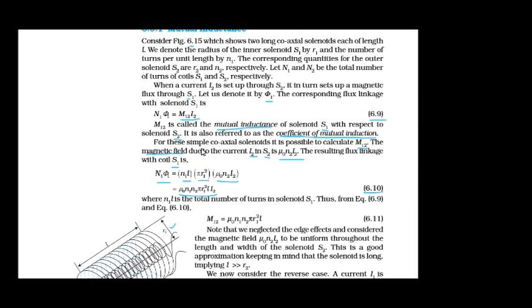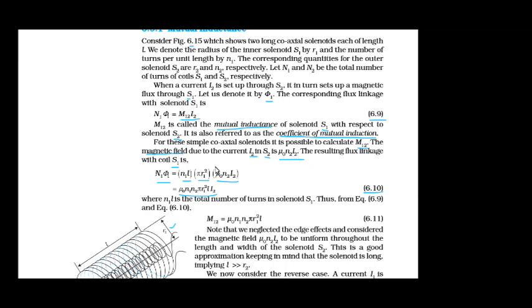For these simple coaxial solenoids, it is possible to calculate M12, the coefficient of mutual inductance. The magnetic field due to the current I2 in S2 is mu naught N2 I2.